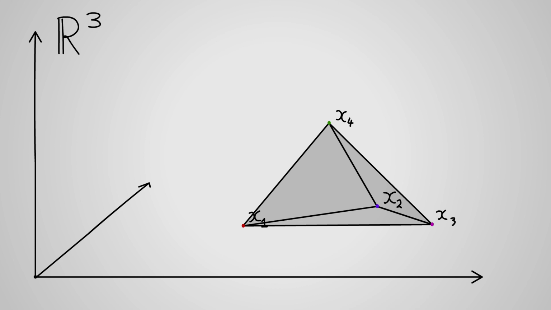If we want to go higher to R4, which I cannot draw, and take the convex hull of 5 points, you can imagine that you get a 4-dimensional version of a triangle, so long as those points don't all lie in a common hyperplane. We can do this in as many dimensions as we like, with as many points as we like.